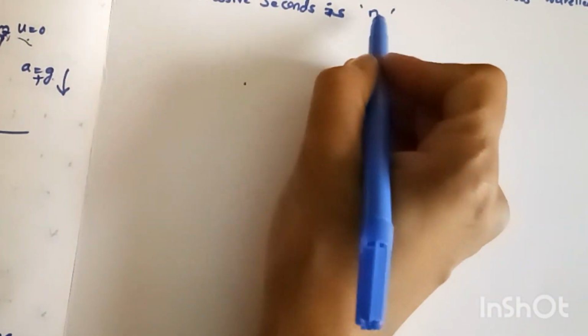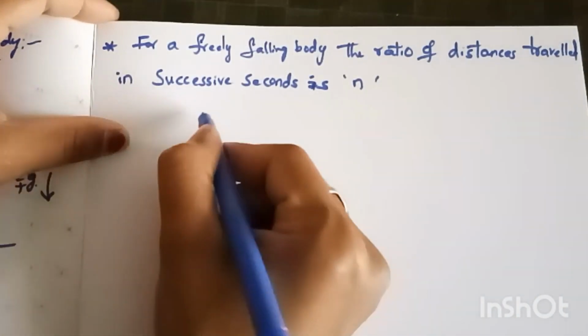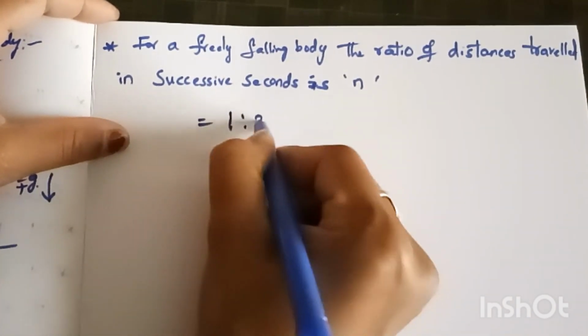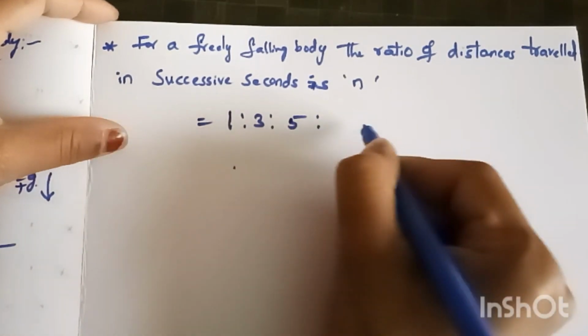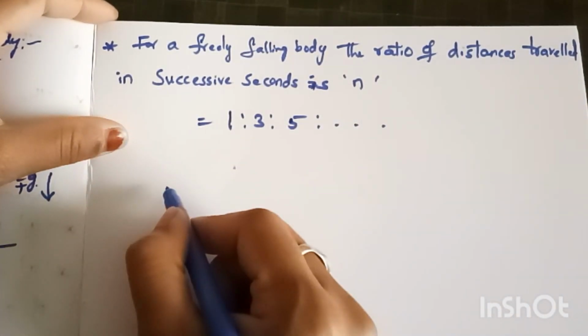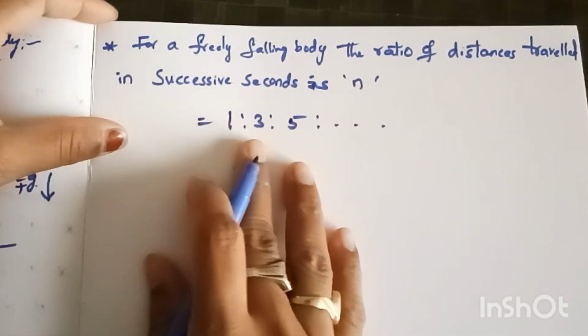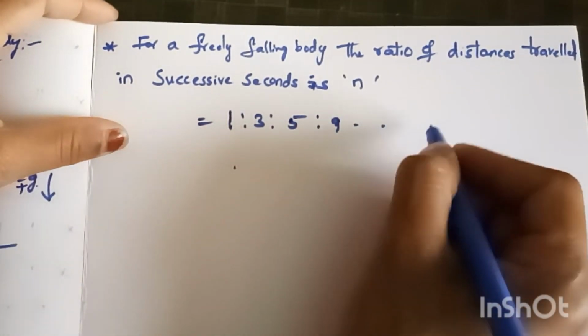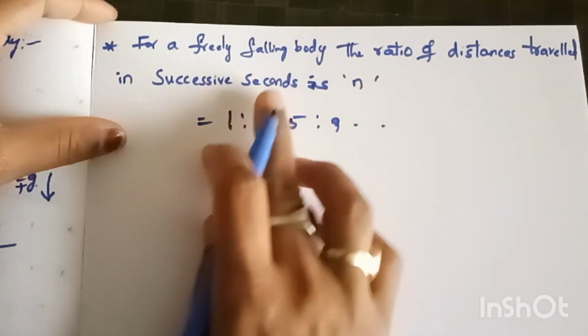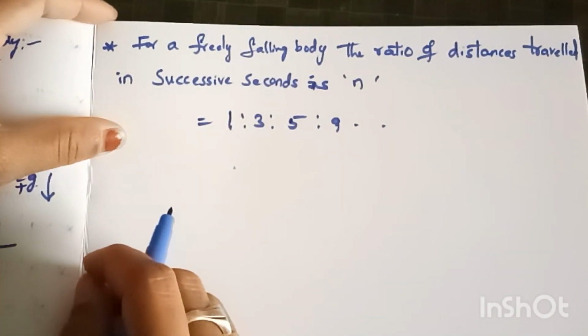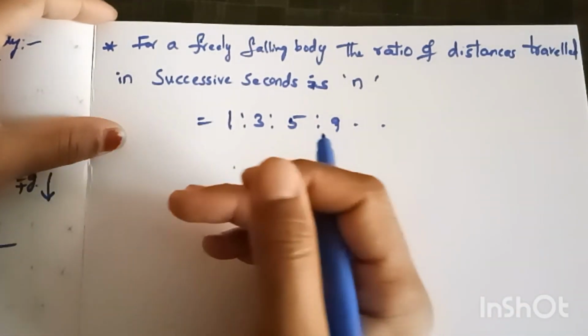The ratio of distance will be 1 is to 3 is to 5 and so on. So this is the ratio of distance traveled in successive seconds. Successive seconds means alternate seconds.